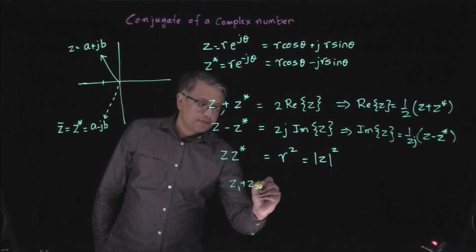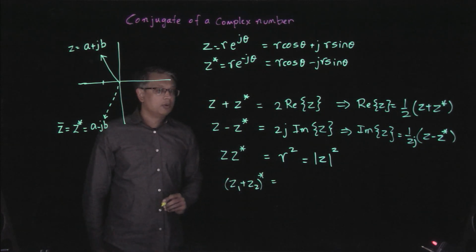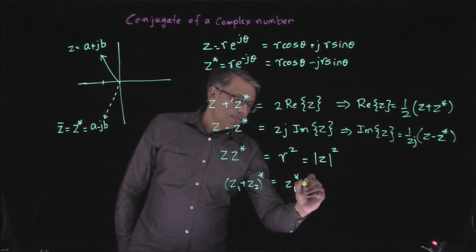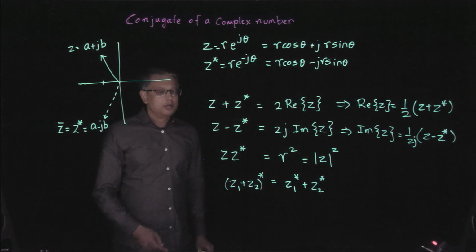So if we have Z1 plus Z2 and we take the complex conjugate of Z1 plus Z2, we can see that this is the complex conjugate of Z1 plus the complex conjugate of Z2. I'm not going to prove this here.